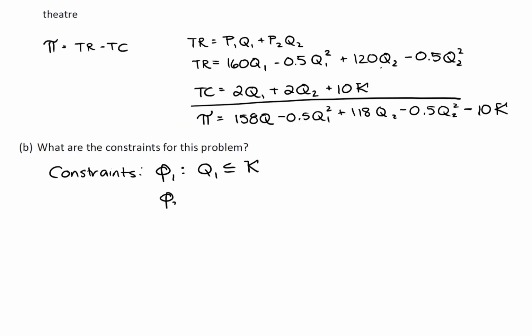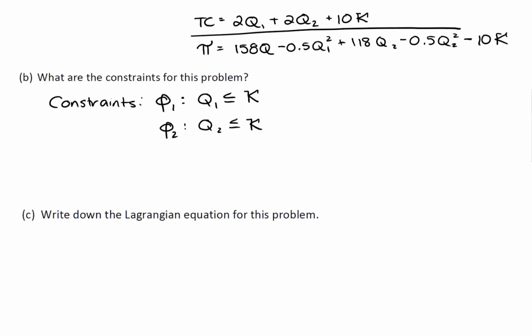In market 2, the number of tickets sold must also be less than or equal to the capacity. So those are the constraints in a capacity type of problem. You can't overbook the theater. And even in an overbooking scenario, you would have a limit on how much you overbook. So that would become your constraint.